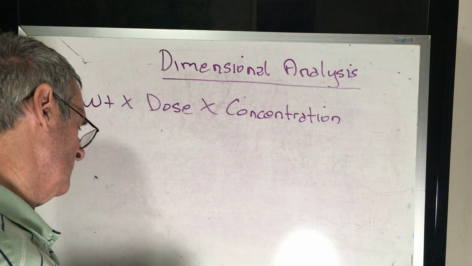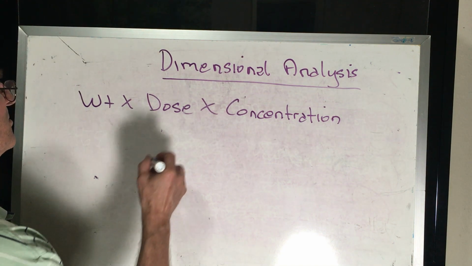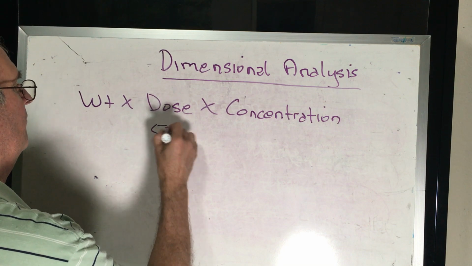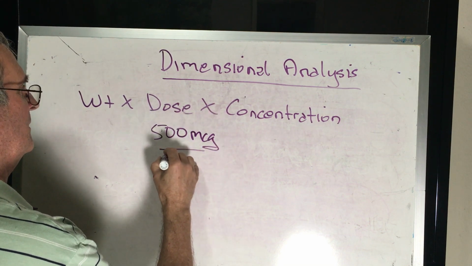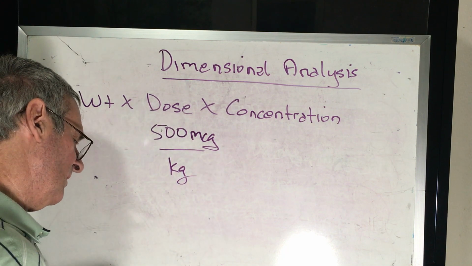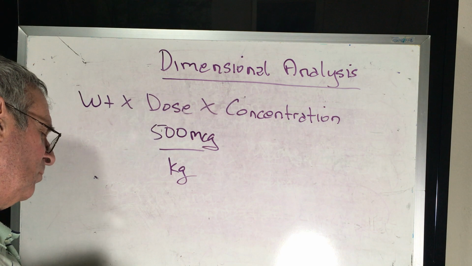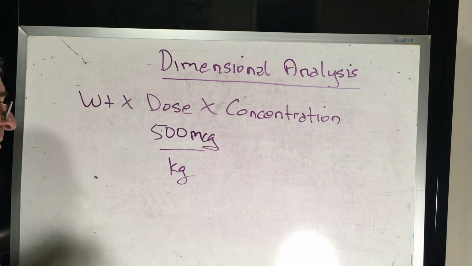Problem number 29. The ordered amount is 500 micrograms per kilogram. This is going to be a crazy dosage, I think. 500 micrograms per kilogram, and we have 1 gram in 500 milliliters.